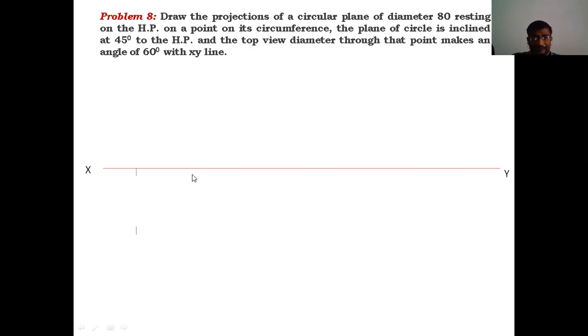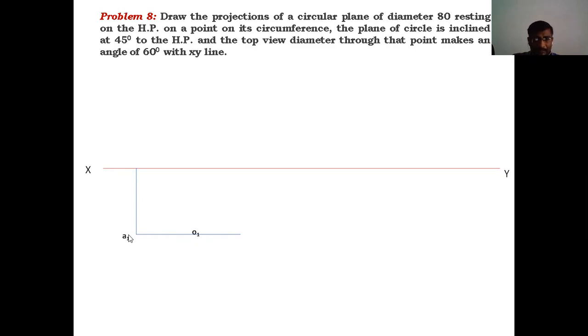So let us start. First, draw a perpendicular line to the XY line. Locate one point on that perpendicular line, A1. That is a point on the circumference of the circle, A1 in the top view, first stage. Draw a horizontal line parallel to the XY line, equal to the diameter of the circular plane, that is 80 mm, from A1.